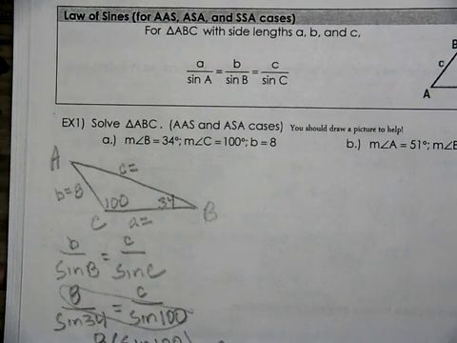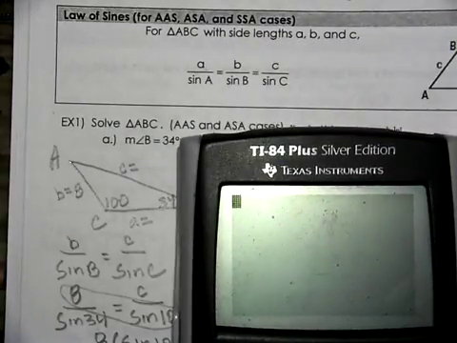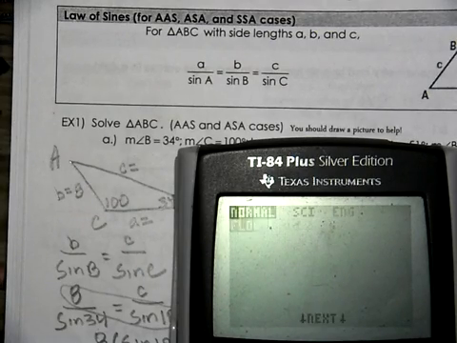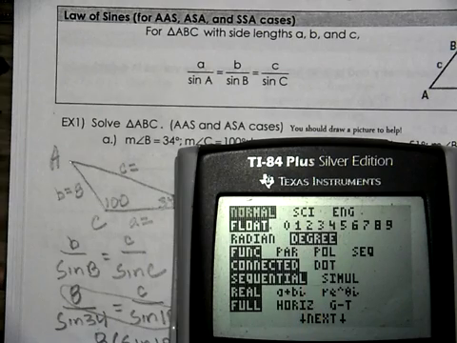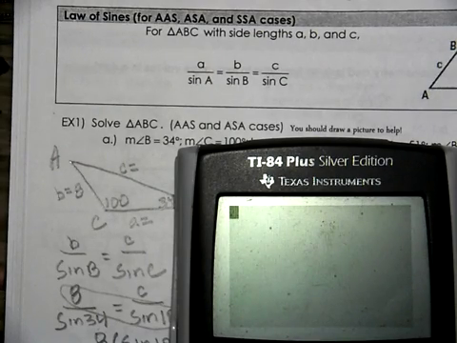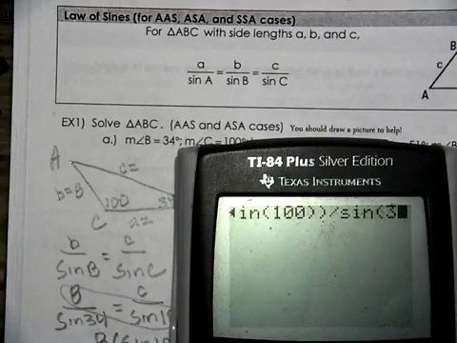And when we use our calculator, you want to be sure your calculator is in degree mode. So by hitting mode, you'll see that degree is highlighted. Very important. So we're going to say 8 times the sine of 100 divided by the sine of 34.